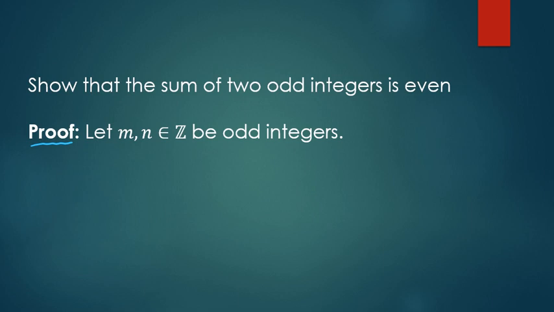So I let M and N be two integers, and I said let them be odd. In the notes, I know that instead of the word "let," I had the word "suppose." That's perfectly fine. I also could have said suppose M and N in Z are odd integers. It would be saying the same thing.